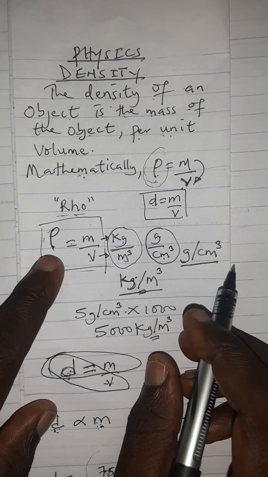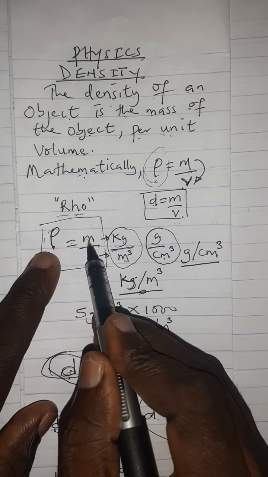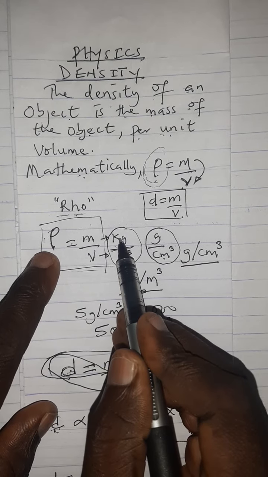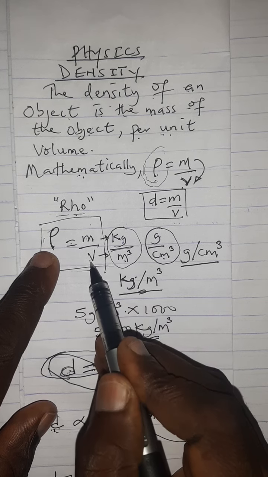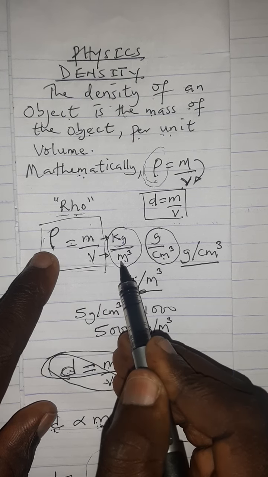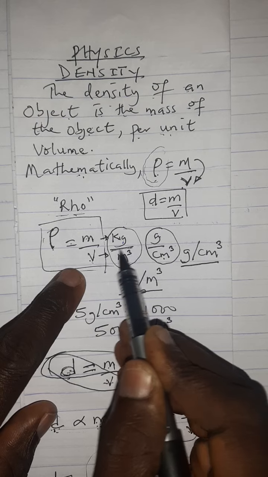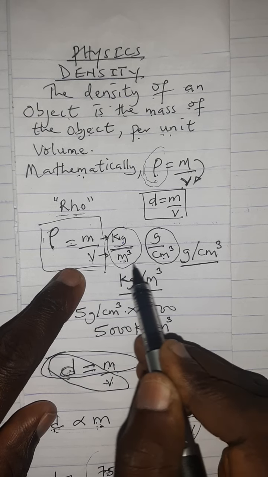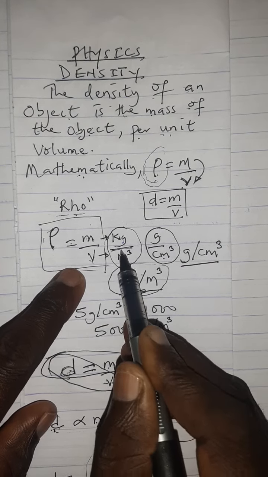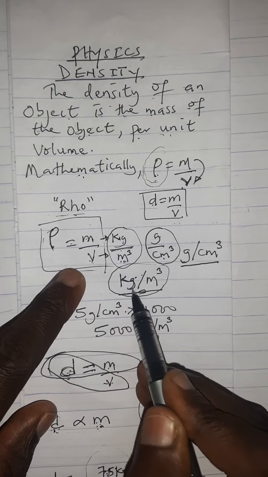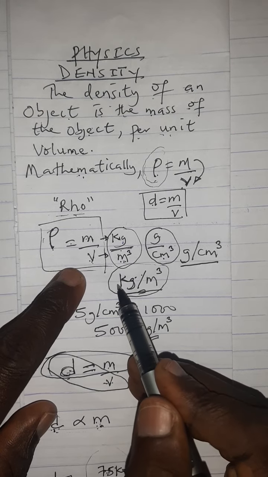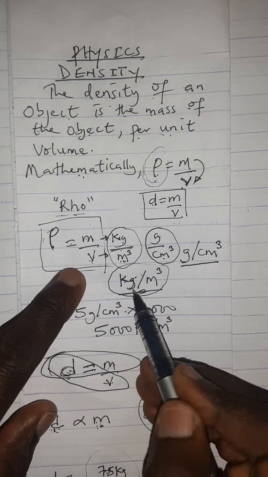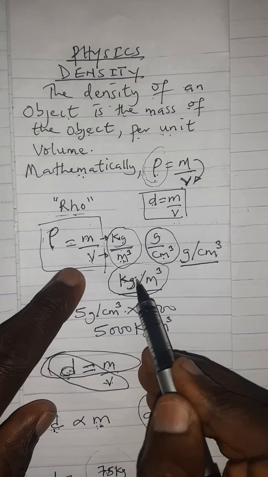Now, for the unit of density, one of the units for mass is kilogram, and one of the units for volume is meter cube. So we are going to have kilogram per meter cube. You can write it this way also, still the same as this one. Everything will now be on a horizontal stretch, kilogram per meter cube, still the same thing.